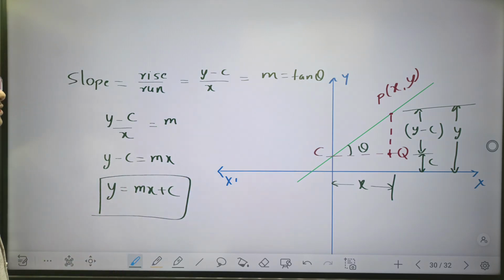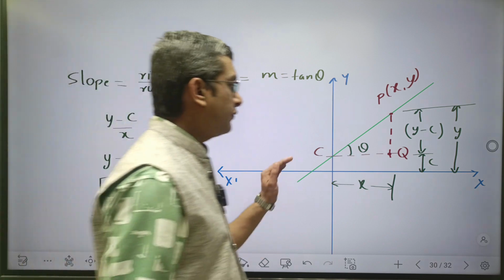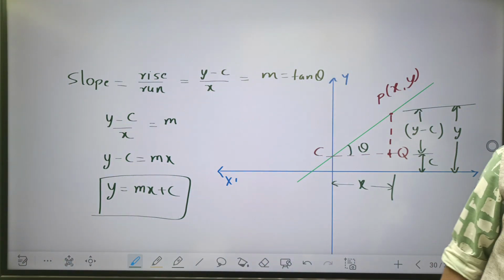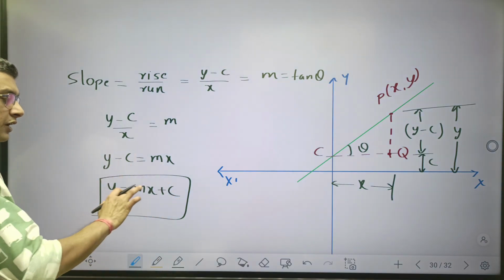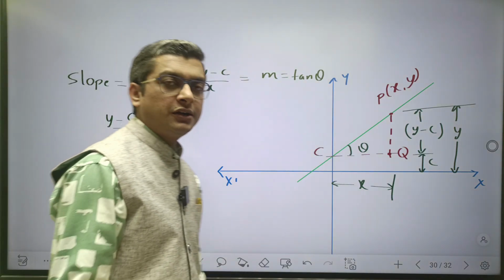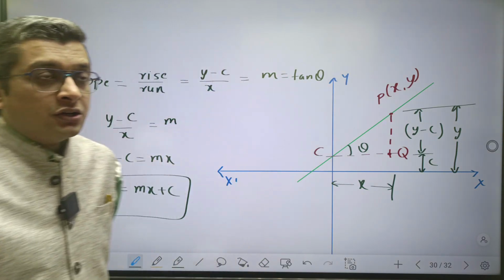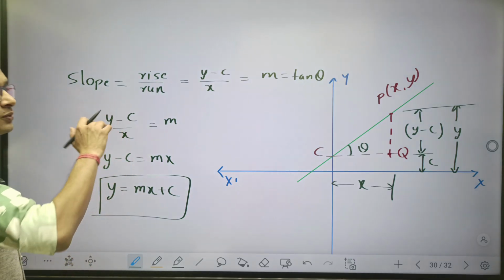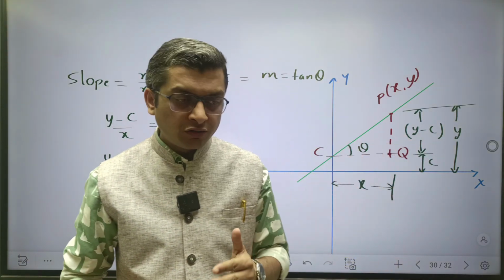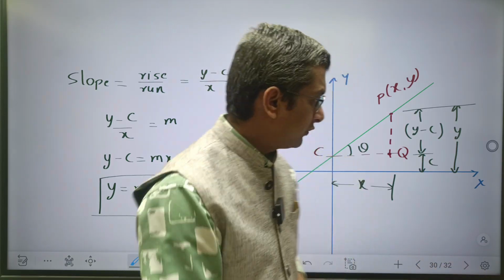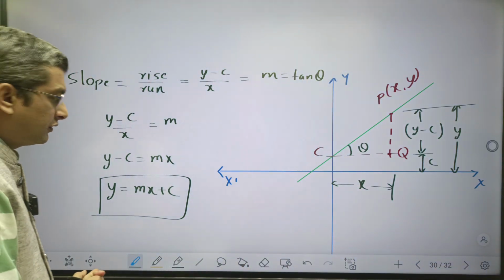So this is how we get the equation of a straight line, isn't it? y is equal to mx plus c, where m is the slope. What is slope? That is tan theta. Slope is nothing but vertical distance per unit horizontal distance. It is actually defined like this, isn't it?